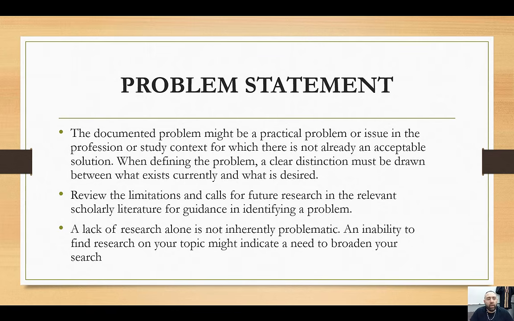Another thing I see a lot is students will come and say, well, I want to do a study on, let's just say we're looking at higher education and there's a problem between students of low income and their GPAs. Well, that can be a problem, but there has to be more. That's not really a problem. You're just making an assumption that one leads to the other. If there's a correlation, again, you have to find that within the literature.